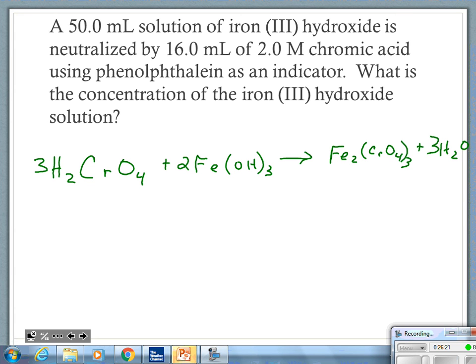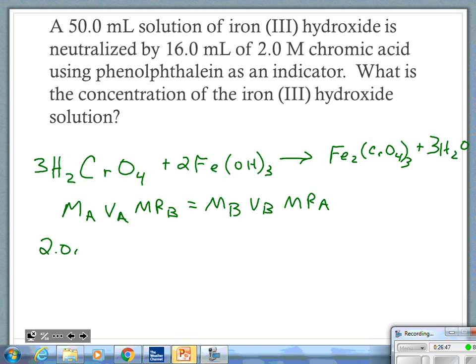All right. So now I go into my MA, VA, MRB is equal to MB, VB, MRA. What is the molarity of my acid? 2.0 molar. What is the volume of my acid? 16 milliliters.